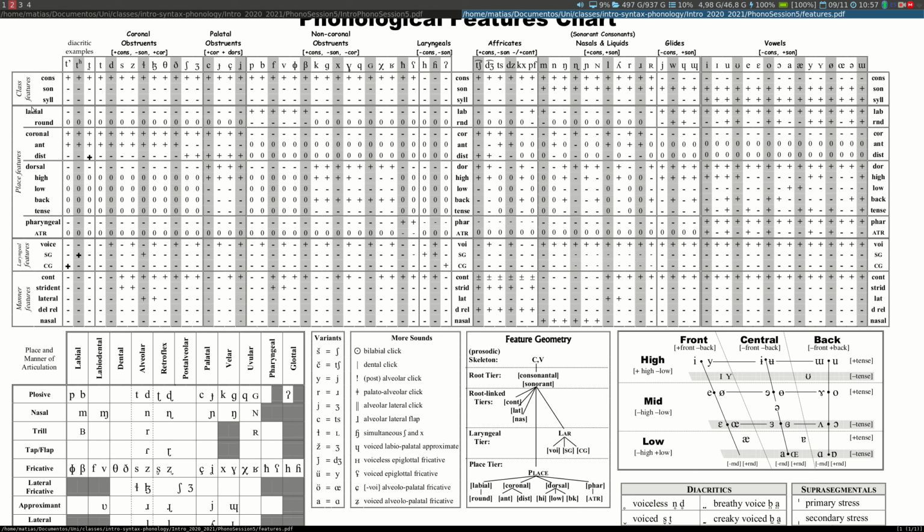So I'm not going to go through every single feature, that would be way too annoying, but I want to give you some examples of something interesting here, maybe.